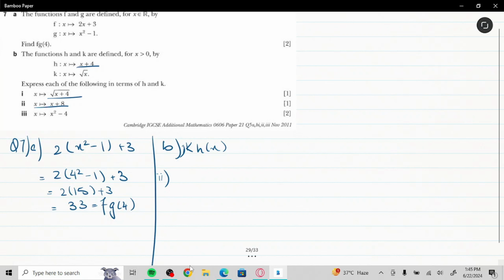Is there a connection? Yes, there is. If we try to input h squared x, okay, we got that. And if we input x plus 4 into x plus 4, so x plus 4 instead of x and plus 4, and if we simplify this, we will get x plus 8. So we can say that h squared x is the correct answer for this.